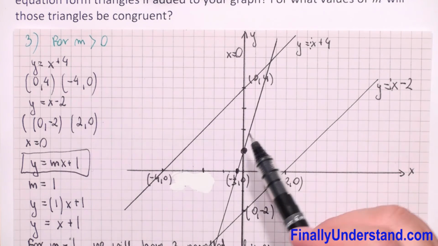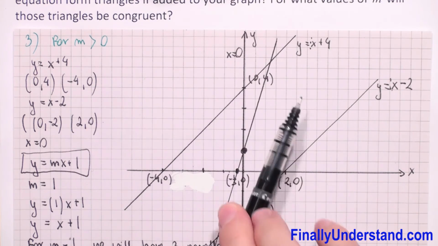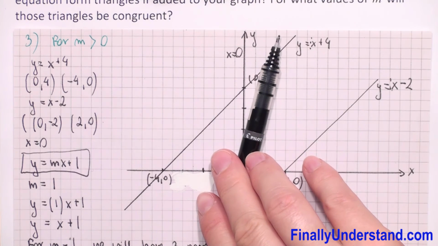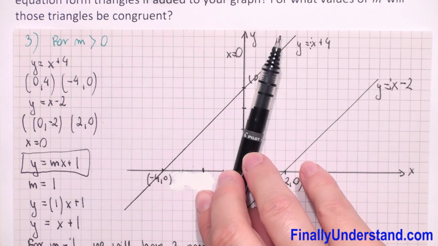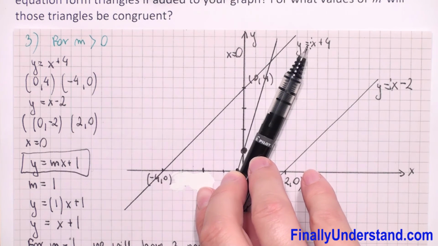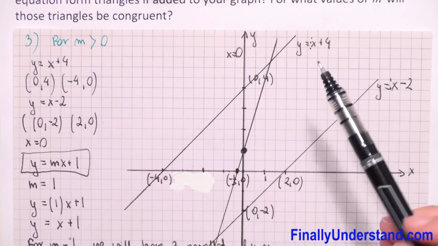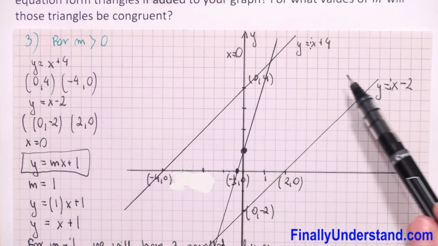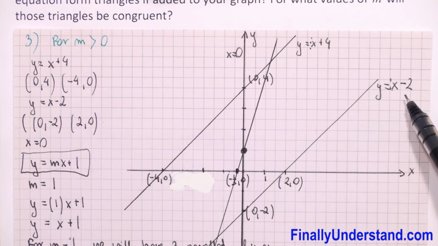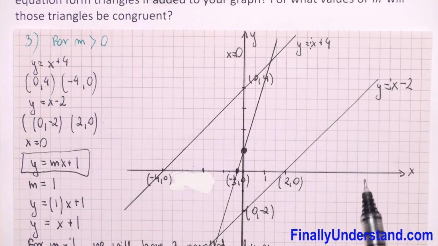So if m is positive, our line will be like this, or will be a little farther, but still will meet our 2 lines, y equals x plus 4 and y equals x minus 2, but not for m equals 1.